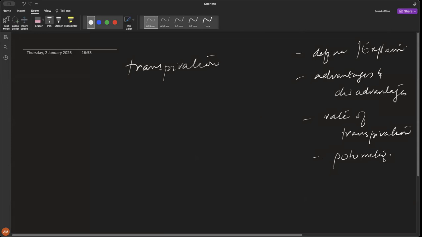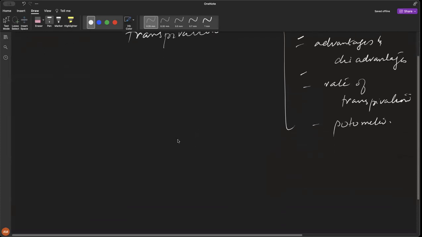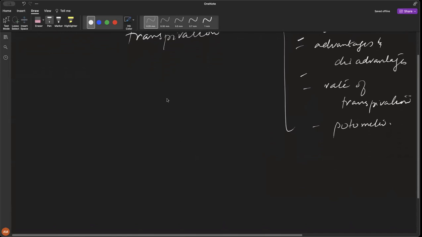How can you measure the amount of transpiration that is taking place? We've already gone through the first part; we'll go through the advantages, disadvantages and factors right now, then we'll discuss the potometer in a separate meeting.